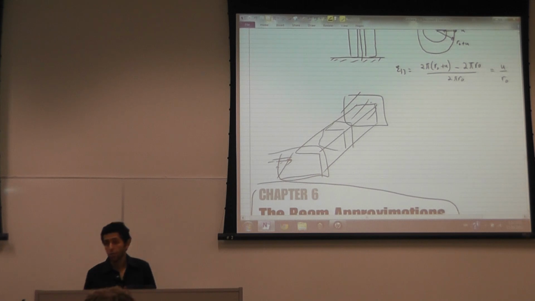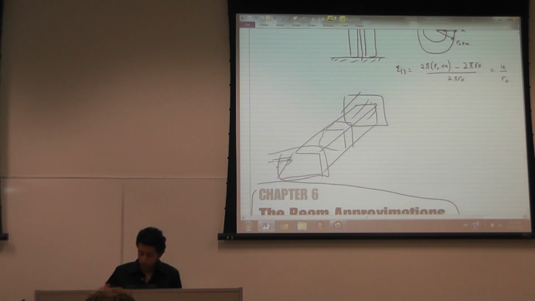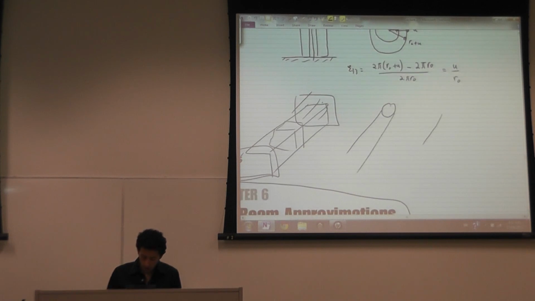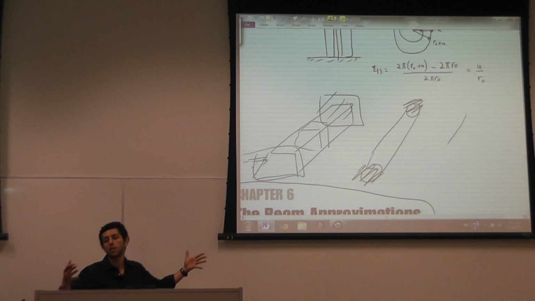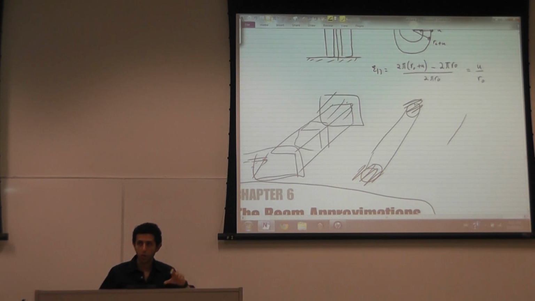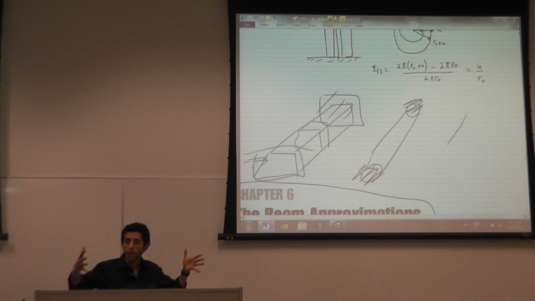A pipeline, for example. If you have a really long pipeline, an infinitely long pipeline, as long as you're not worried about the buckling of the pipe, you're just assuming that it's in plane strain because it's not going to contract or expand because of how infinitely long it is.